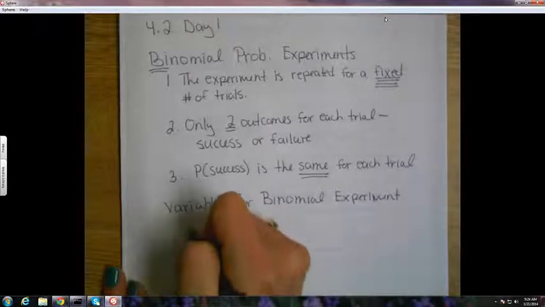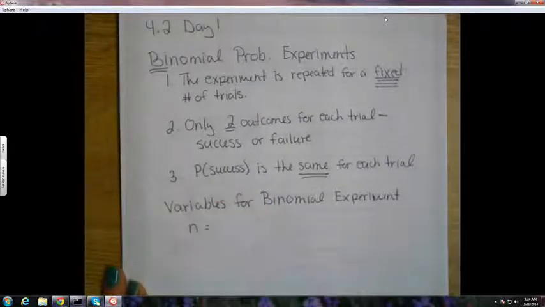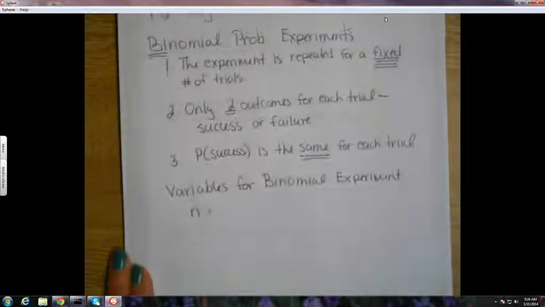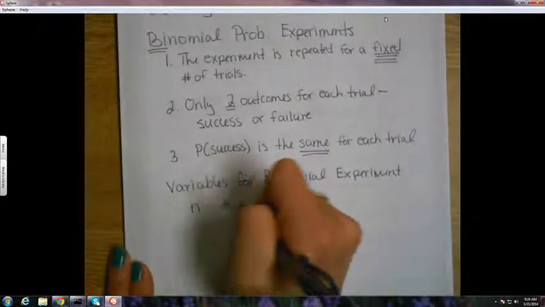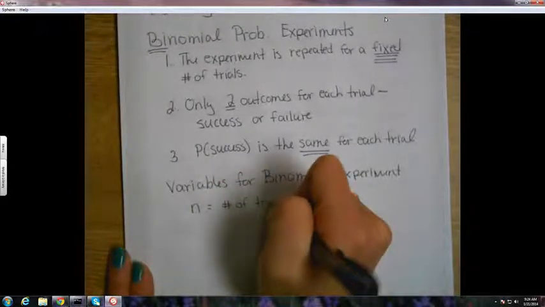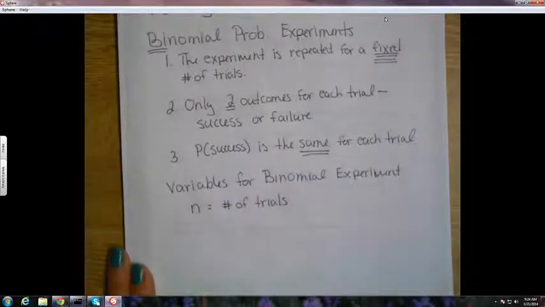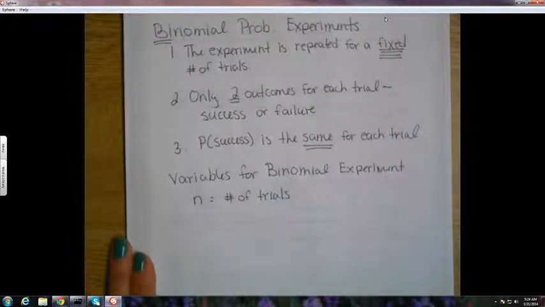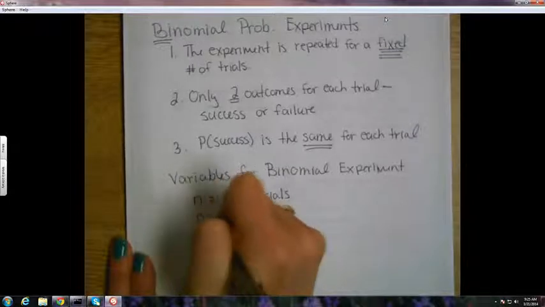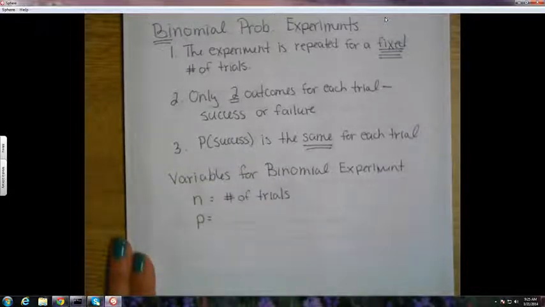We are going to let n represent the number of trials you're doing. We are going to let p represent the probability of a success.